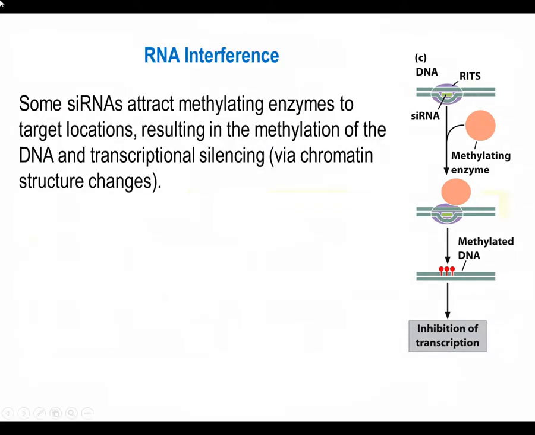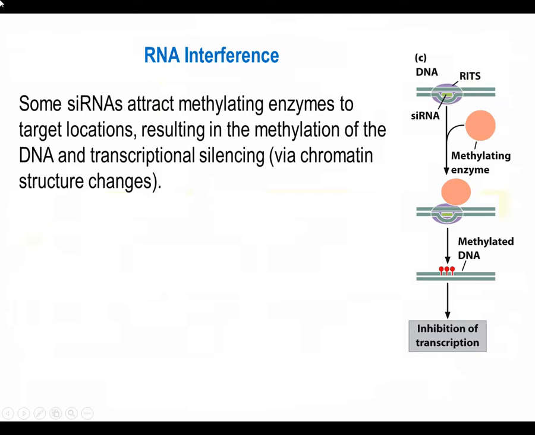Now, some short interfering RNAs actually, this is really new, attract methylating enzymes to target locations, resulting in the methylation of the DNA and transcriptional silencing via the chromatin structural changes that we talked about first. So this is a combination of mechanisms. The short interfering RNAs combine with this protein here.